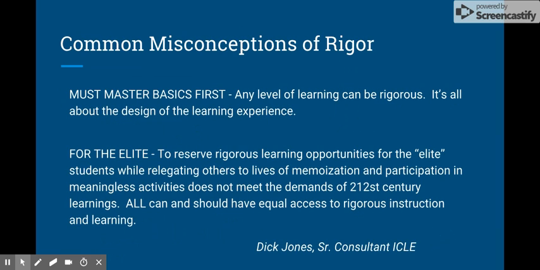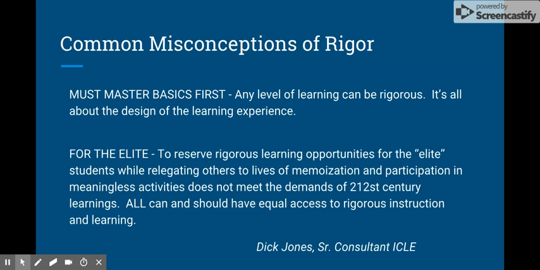Some common misconceptions of rigor. A lot of times we think that to have rigorous thinking, we have to master the basics first. That's not necessarily true. Any level of learning can be rigorous. It's really about designing the thinking for that learning experience. Sometimes we think that rigor is only for the elite students or the pre-AP students.